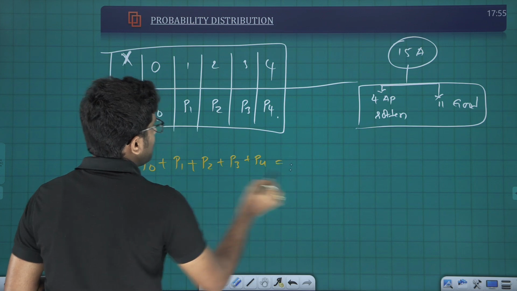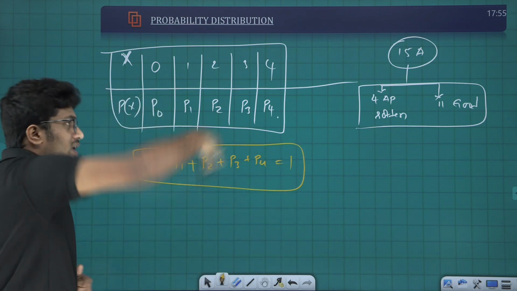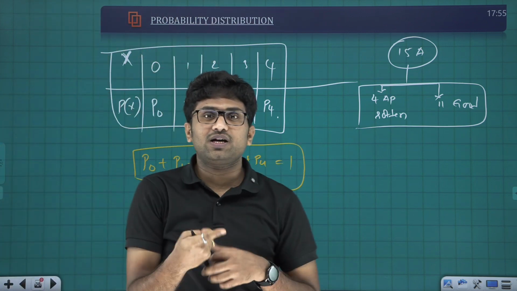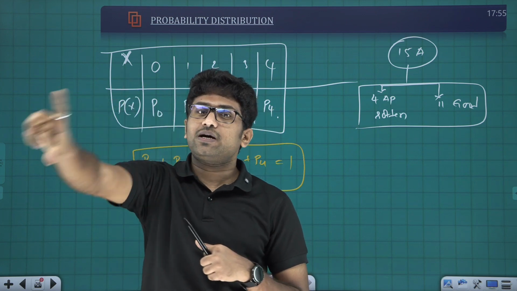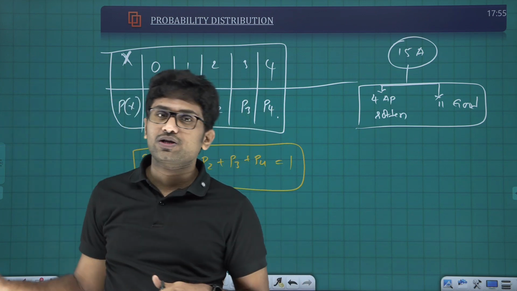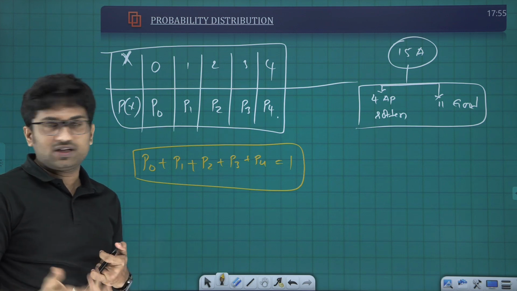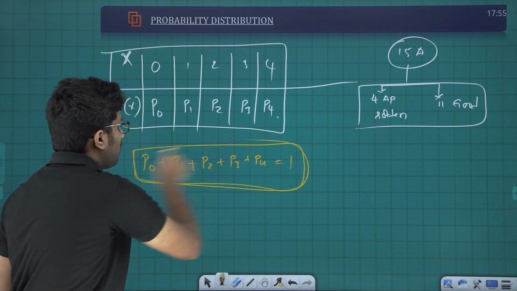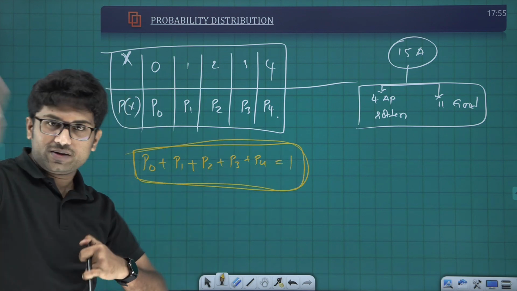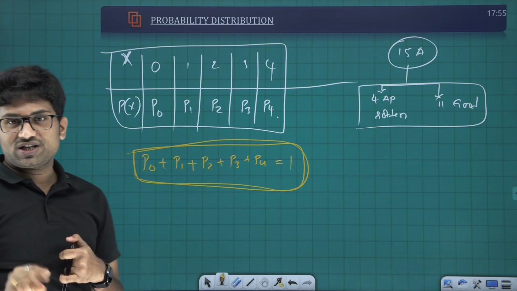P0 plus P1 plus P2 plus P3 and so on, for any number of values of the given random variable, the sum of their corresponding probabilities will always be equal to 1. If we know this, this gives us everything. This is regarding probability distribution.